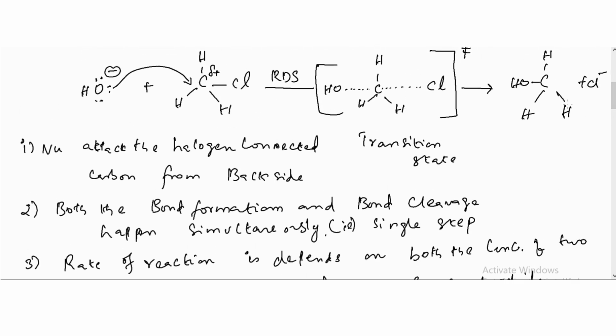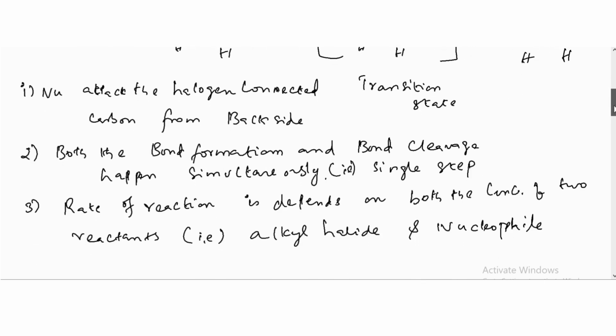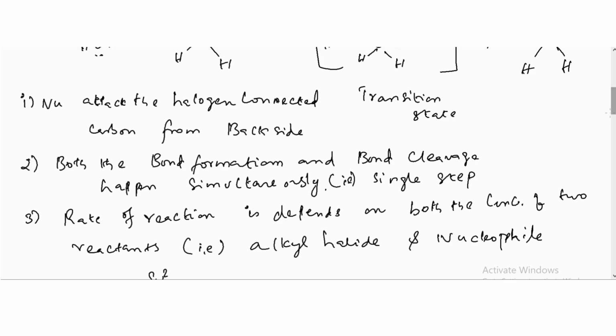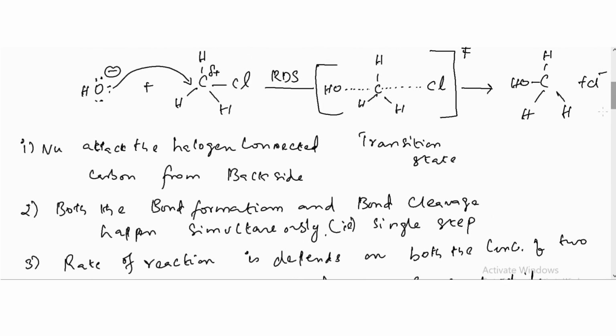So the rate of reaction depends on both reactants. That's why this reaction is called the SN2 reaction. So now you can understand it: the rate of reaction depends on both the nucleophile and the alkyl halide.